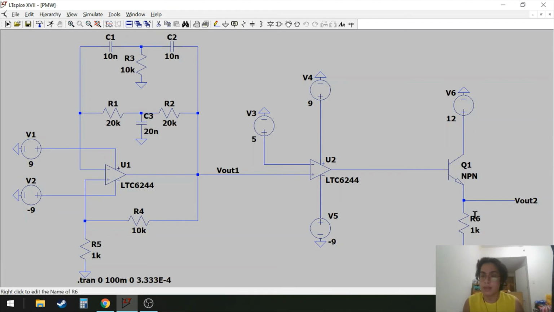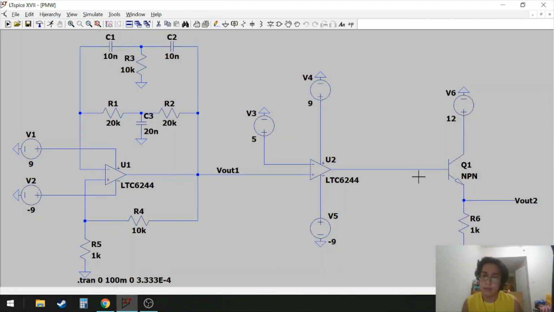Next we're going to talk about this NPN junction. This is the collector, base, and the emitter. For the collector, we attach a VCC of 12 volts. I chose 12 volts because it is a standard voltage.